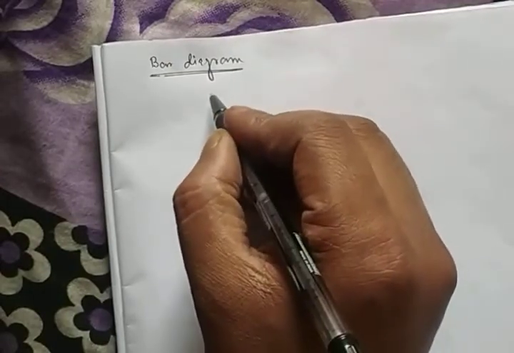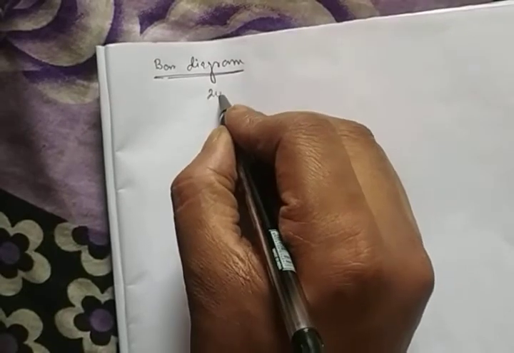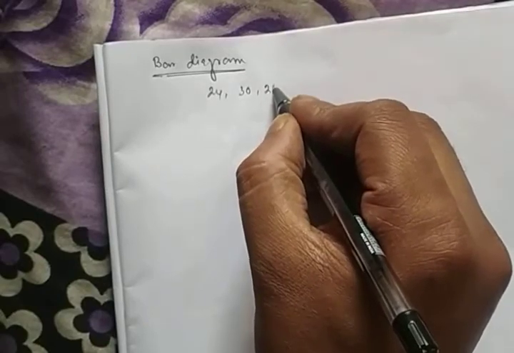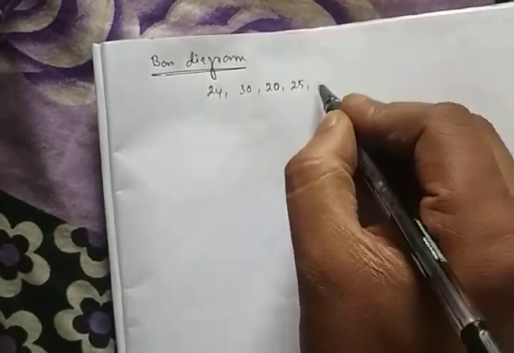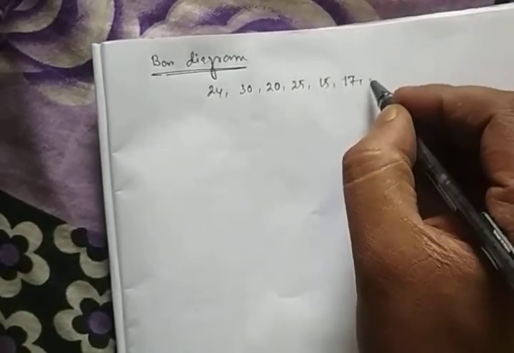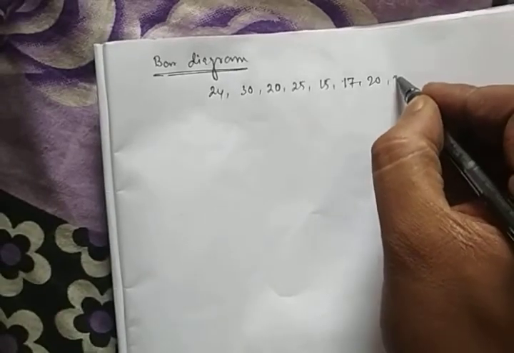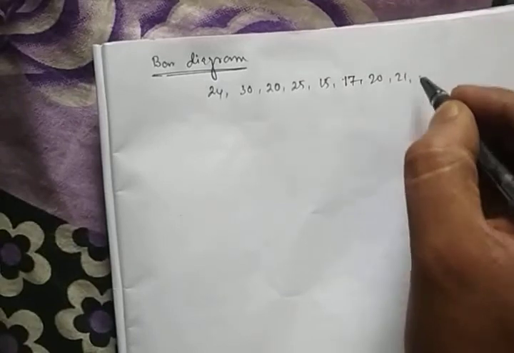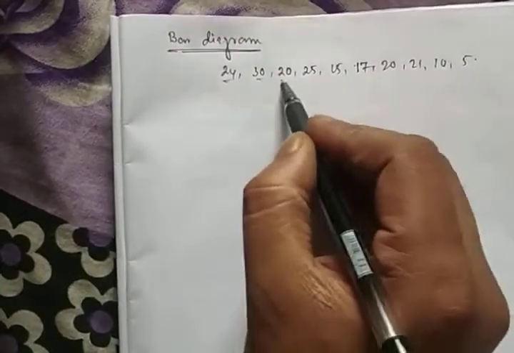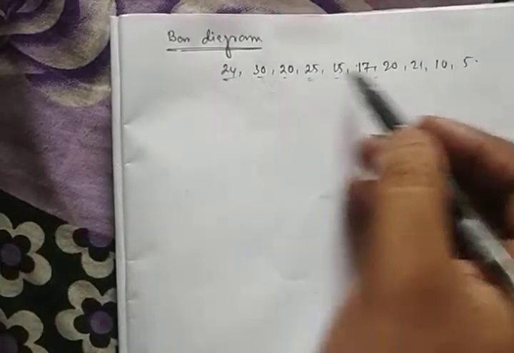There are 10 observations given and the corresponding 10 data are 24, 30, 20, 25, 15, 17, 20, 21, 10, and let's say 5. So these 10 observations are given and the corresponding data are these.